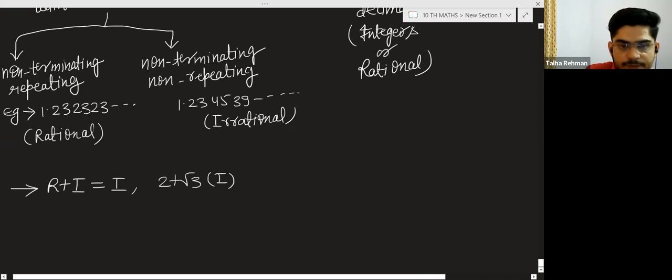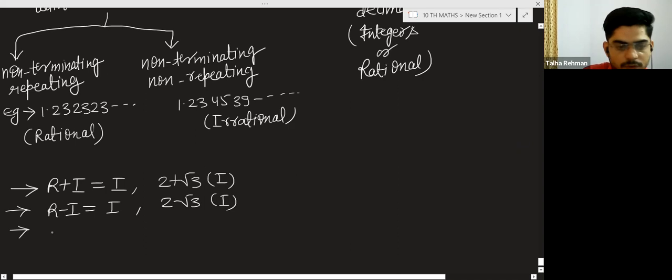Rational plus irrational becomes irrational. Rational minus irrational is irrational, like 2 minus root 3. Irrational minus rational is again irrational, like root 3 minus 2.